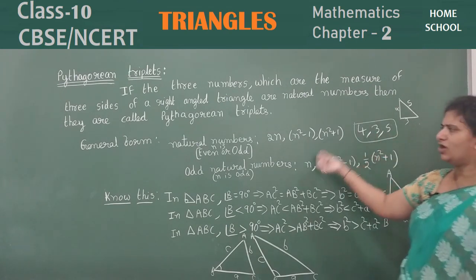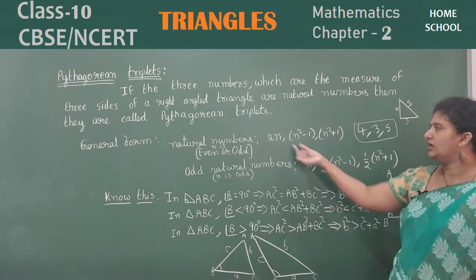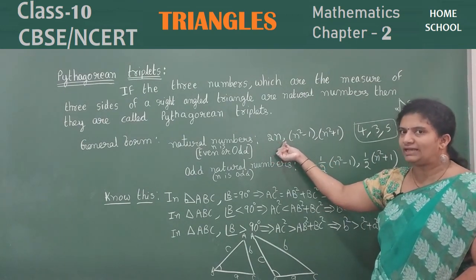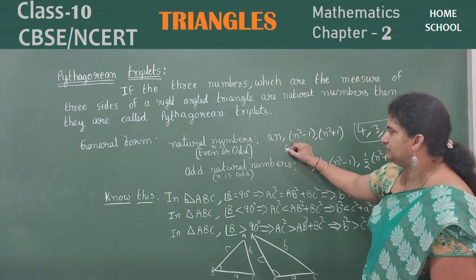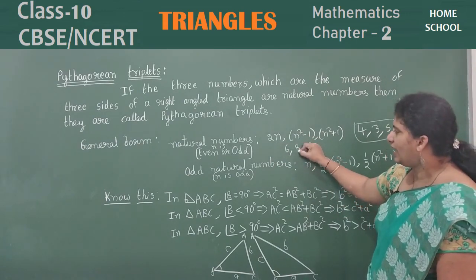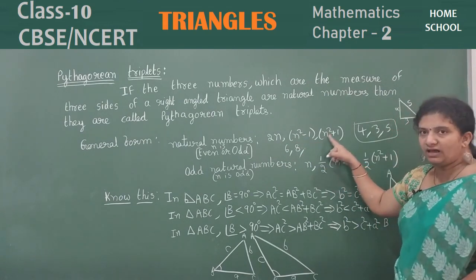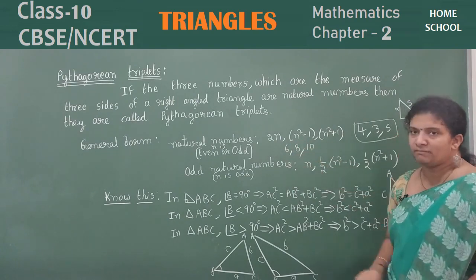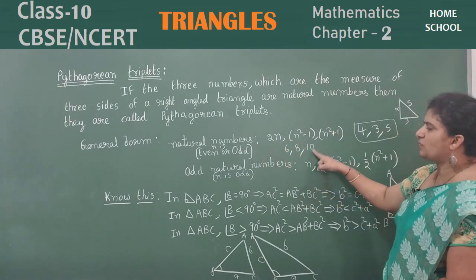Similarly, you can check any odd or even number. If you want, take 3. Substitute 3 in place of n: 3 2s are 6. 3 3s are 9, 9 minus 1, 8. 3 3s are 9, 9 plus 1, 10. In these three, which is the biggest number? 10. So square it.